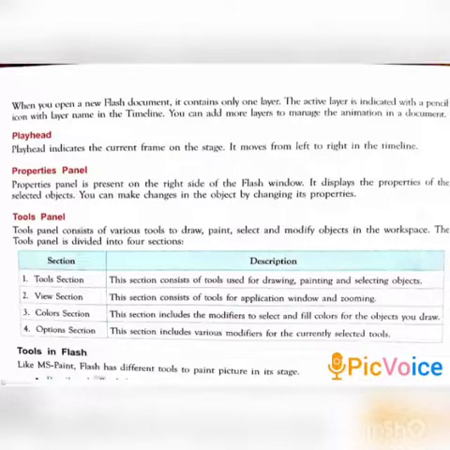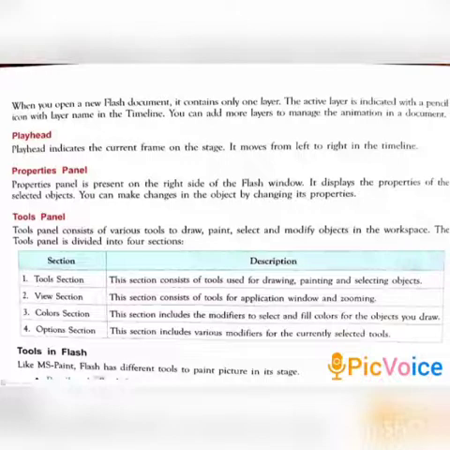The first one is the tools section, the second is the view section, the third is the colors section, and the fourth is the options section. Section and description. Tools section: this section consists of tools used for drawing, painting and selecting objects.